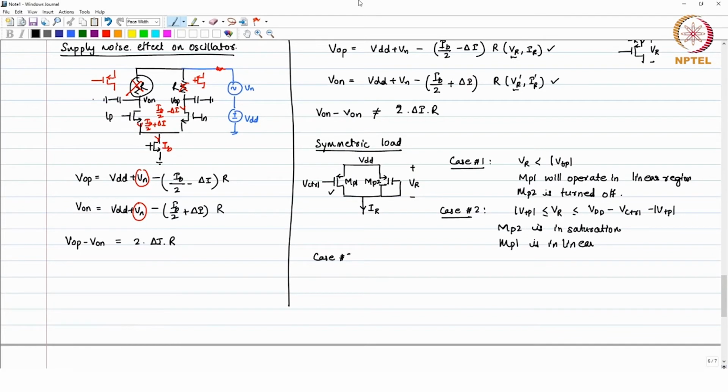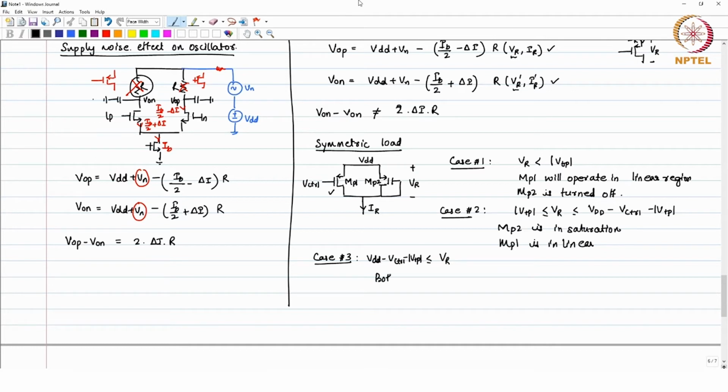Case 3, when your VR is greater than VDD minus V control minus mod VTP, both the transistors will operate in saturation region. So, I will say VR is greater than or equal to VDD minus V control minus mod VTP.